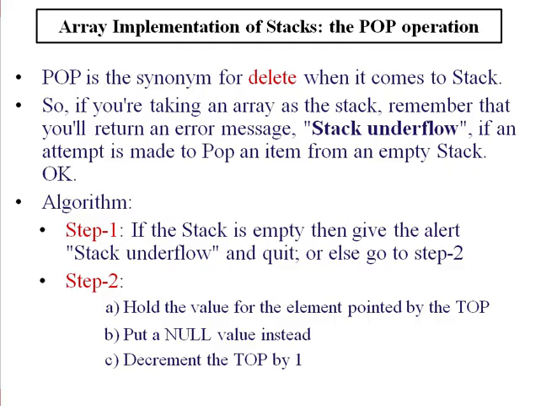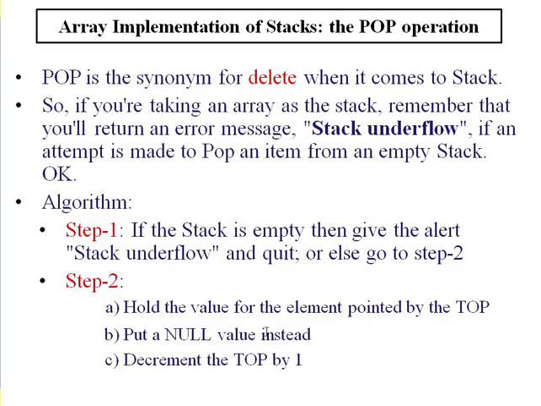So in step 2, we should take the element from the array that is pointed by the top variable, because that element will be returned to the caller function. So we should take that element from the array first, and then put a null value into that slot, and then decrement the top variable by 1.